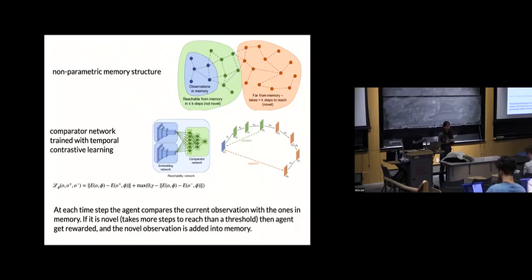Yes. So is the comparator also being trained currently? Wouldn't it by definition be less reliable for the states that are not in your memory if you haven't seen them yet? I think the question was whether this comparative network is also jointly trained as the data comes, right?